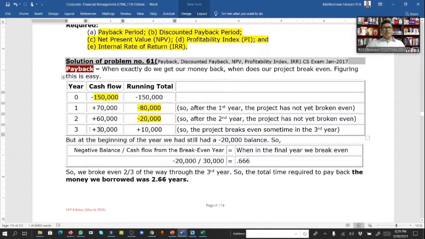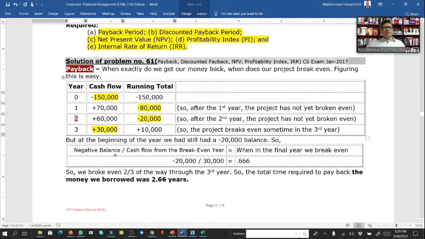In year 3, the cash flow is 30,000, but we require 20,000, so 10,000 is more than required. So what would be the payback period? Here we can say that 2 years is the base year, plus the fraction.